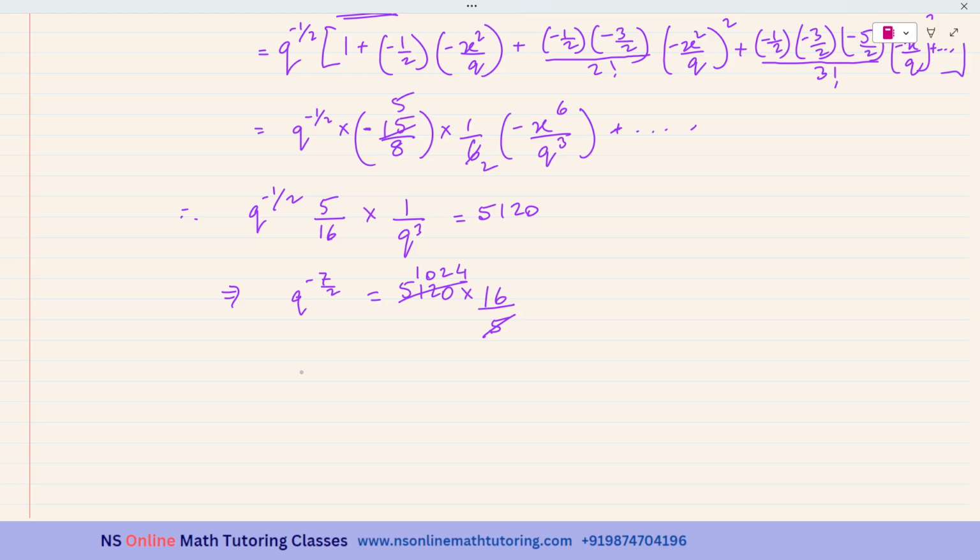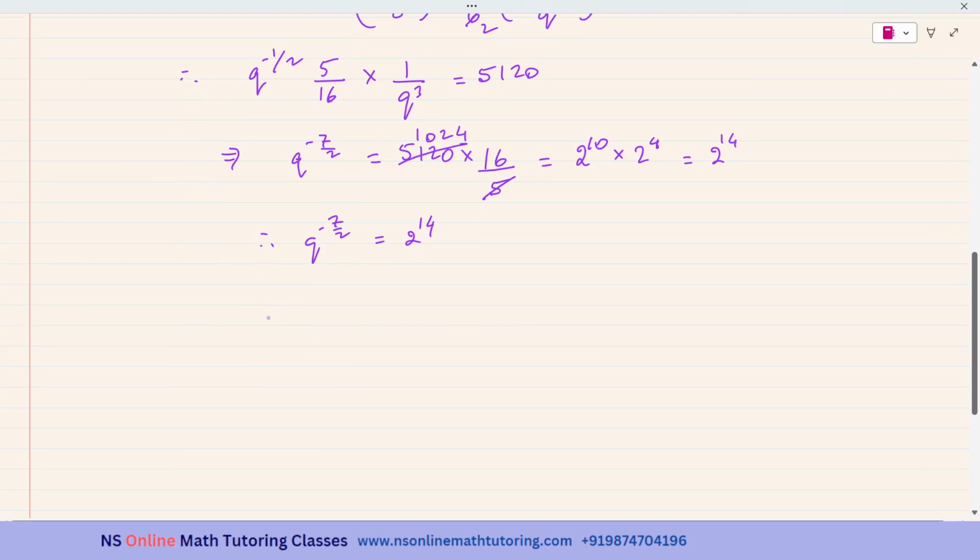But I just want to write this as 2 to the power of 10 is 1024. In case you do not know, you just multiply, you have the calculator. Okay. So this is 2 to the power of 10 and 16 is 2 to the power of 4, which is 2 to the power of 14.